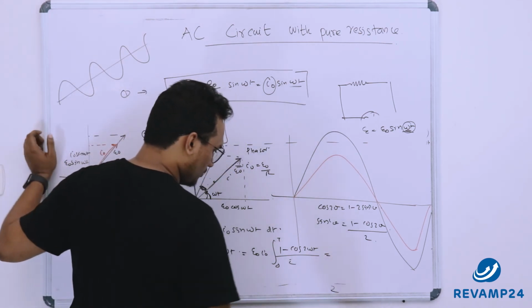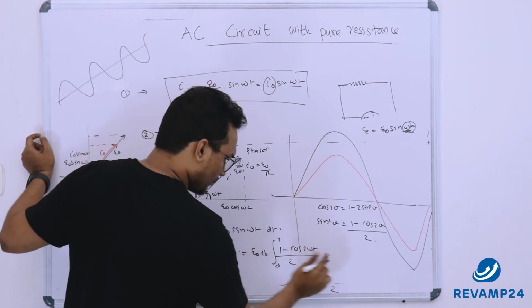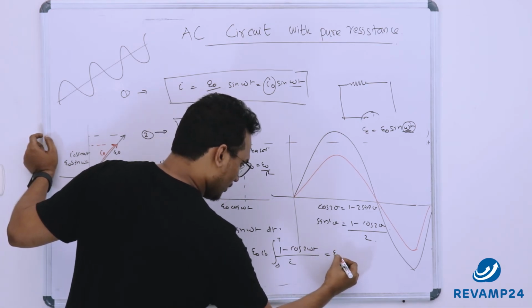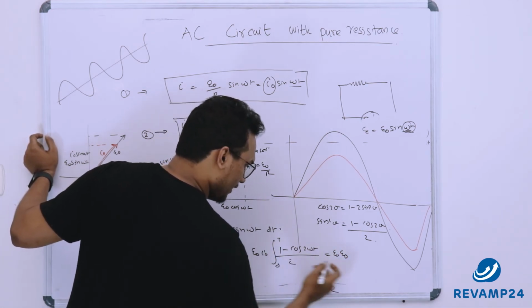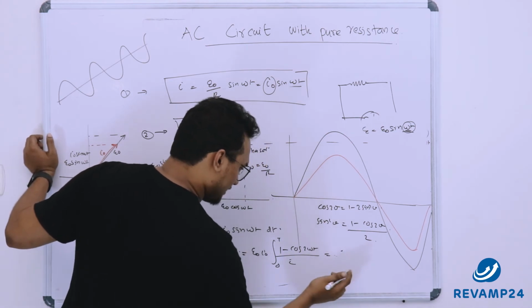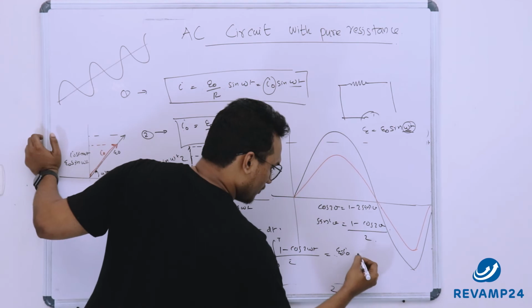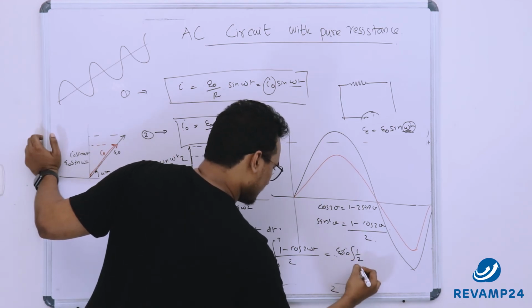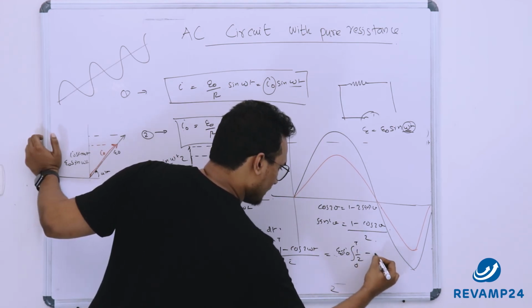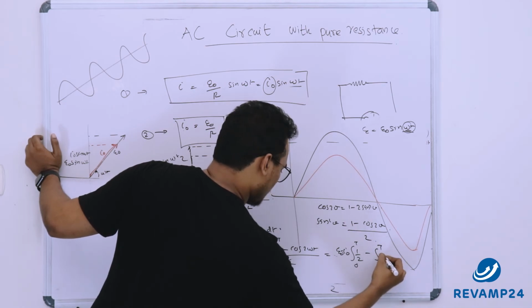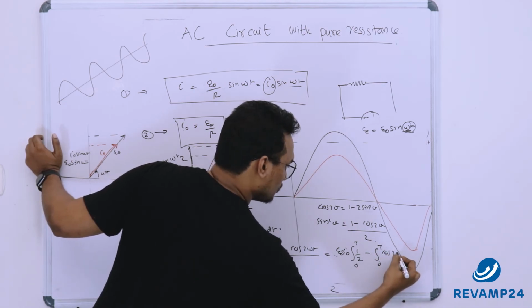Now this is equal to E0 into I0, 1 by 2 will come out, multiply it inside. So E0 into I0, 1 by 2, integral 0 to t of 1 minus integral 0 to t of cos 2 omega t.